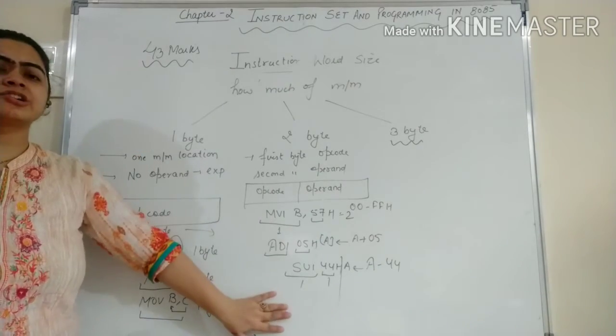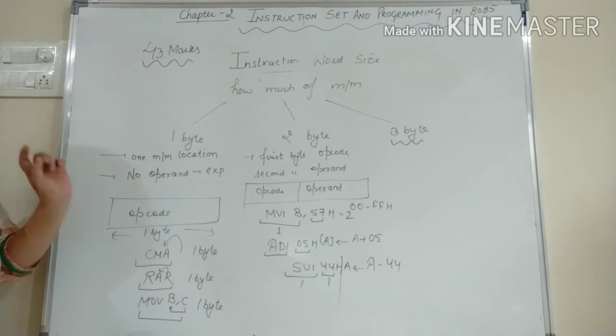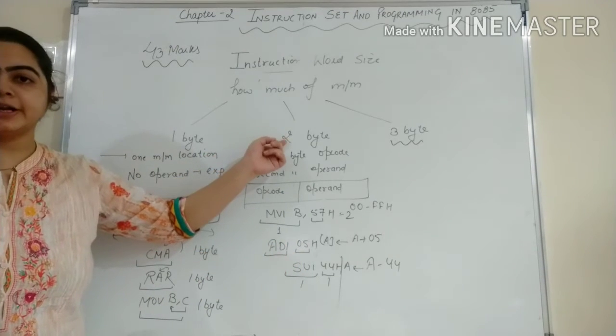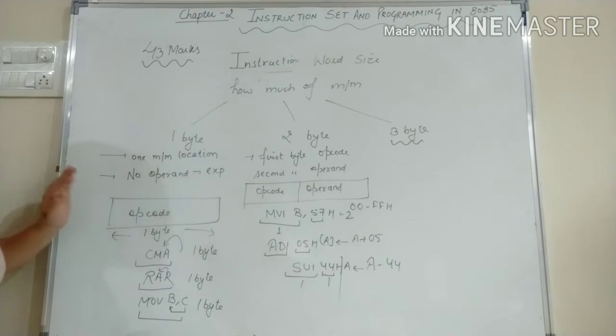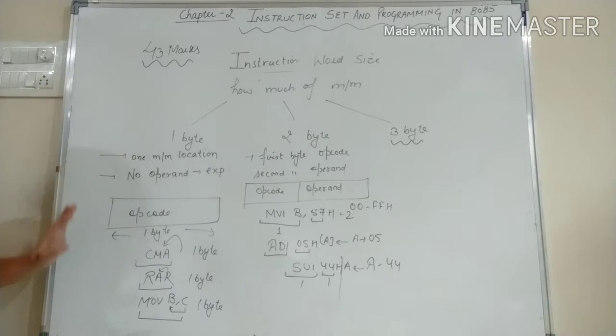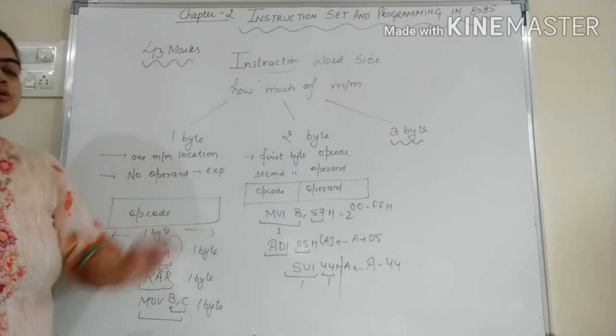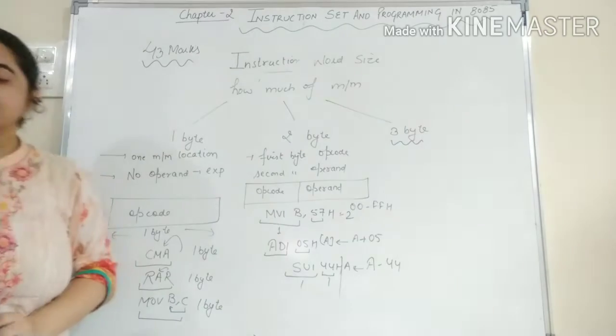So any instruction where 8-bit data is specified is a 2-byte instruction. Any instruction where no data or no 16-bit address or 16-bit data is specified explicitly is known as a 1-byte instruction.